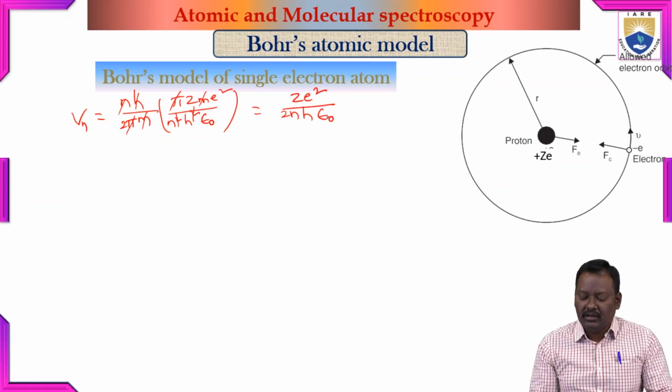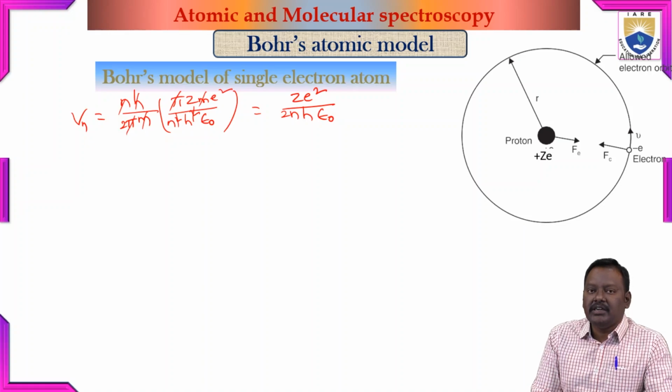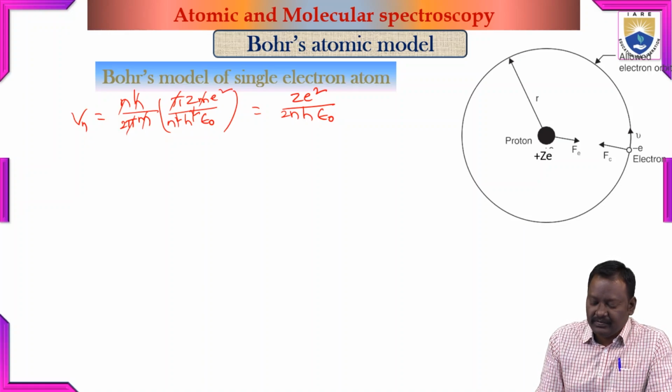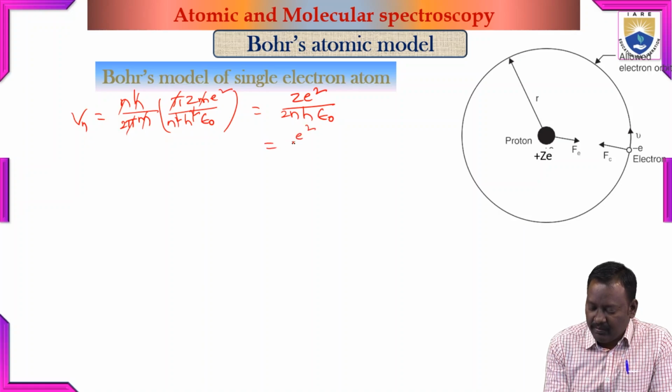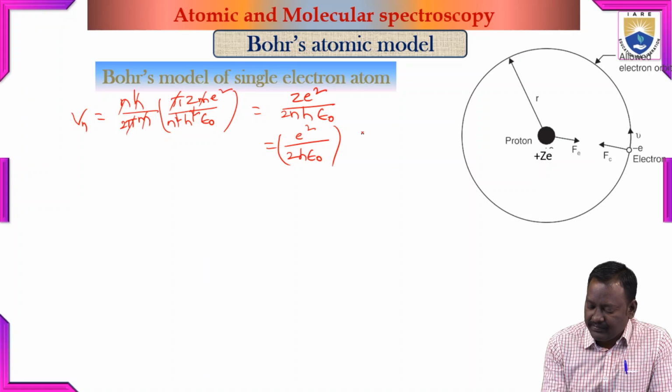So this is the velocity in different orbits. It is also given by e square by 2h epsilon naught into Z by n.